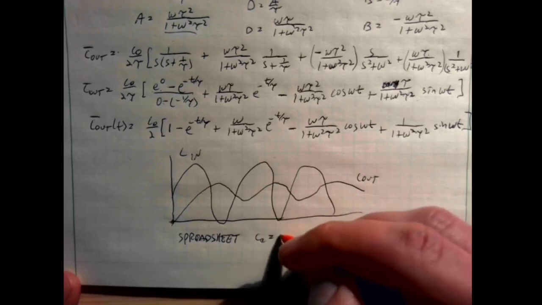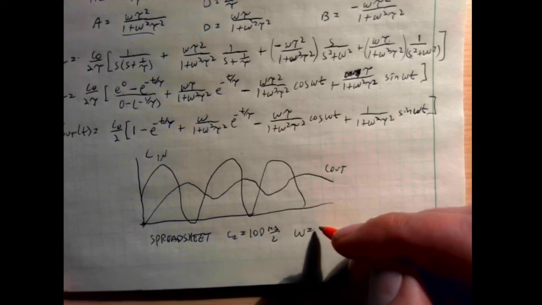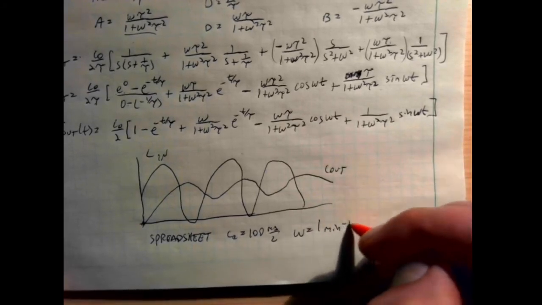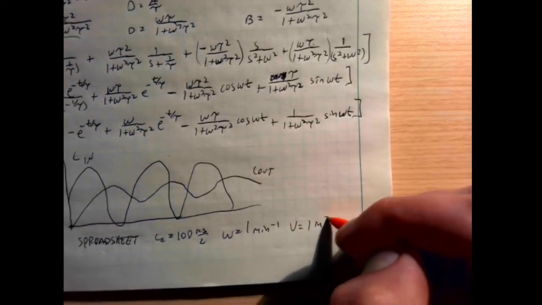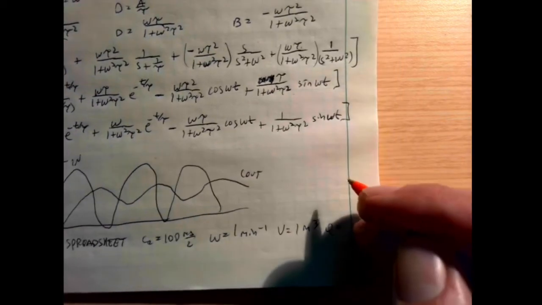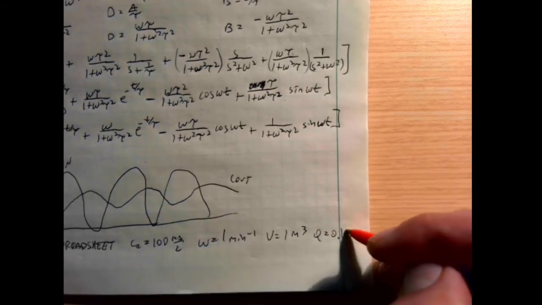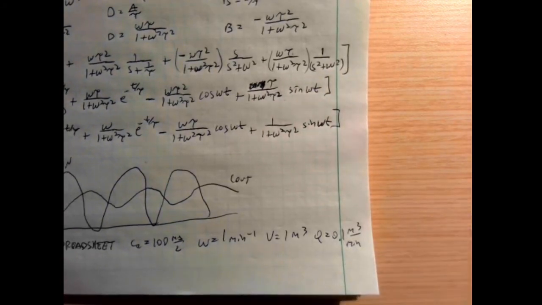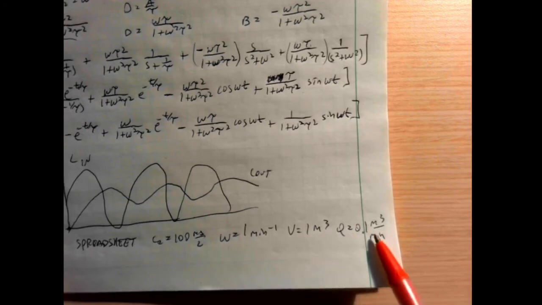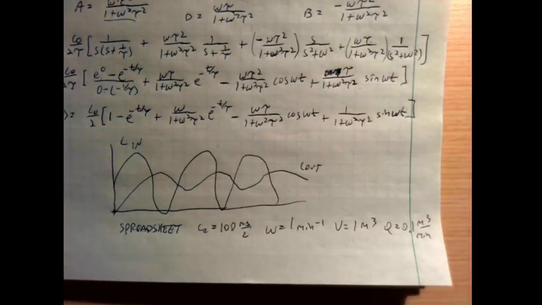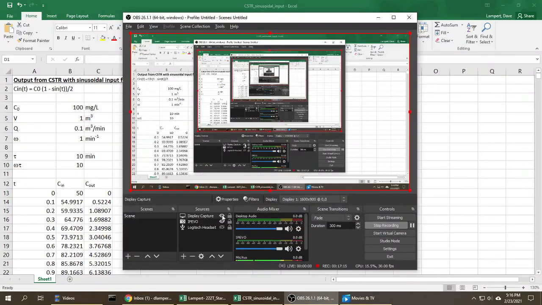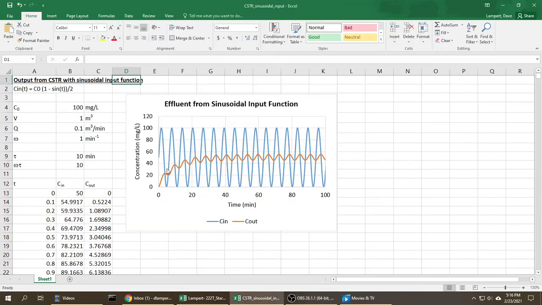C0 is 100 milligrams per liter, omega is 1 minute to the negative 1, V is 1 meter cubed, and Q is 0.1 meters cubed per minute, which gives me a tau value of 10, and then I can play around with that. And so I'll just quickly turn on the display. Okay, so here's an example of that output.